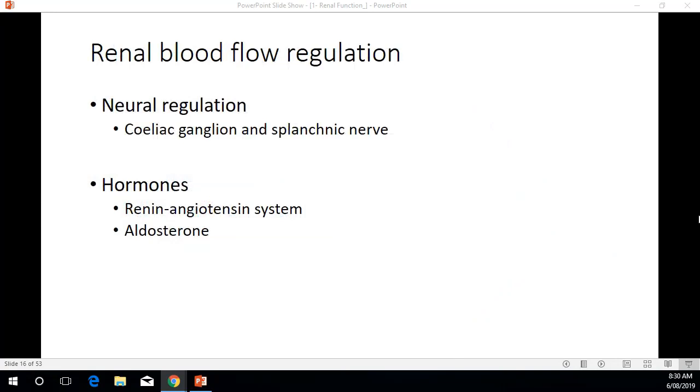Blood flow to the kidneys is regulated via the autonomic nervous system. Plus, there are hormones which can regulate renal blood flow as well. So for kidneys to function as effective filter units, the blood flow has to be very precisely regulated. So you have multiple arms of regulation for blood pressure and blood flow.